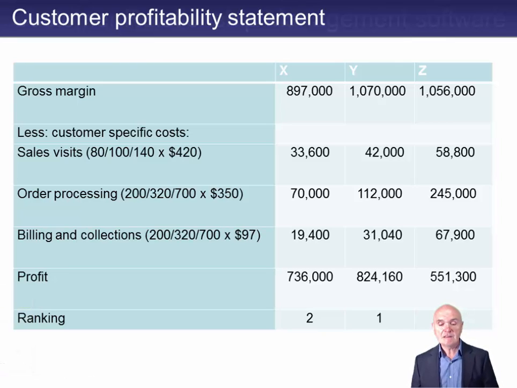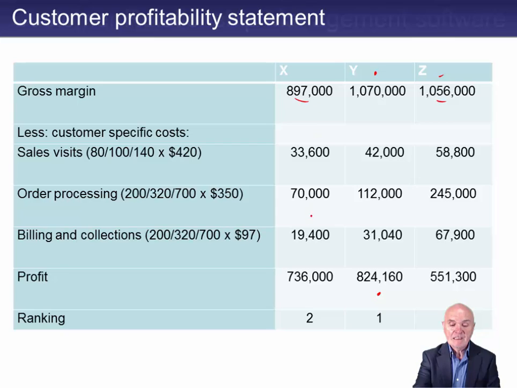So here in this example, obviously customer 1 was the most profitable at the top and remains the most profitable down at the bottom. But you see there's been quite a reversal in customers X and Z here. Z started off very, very profitable, whereas X wasn't nearly as profitable.